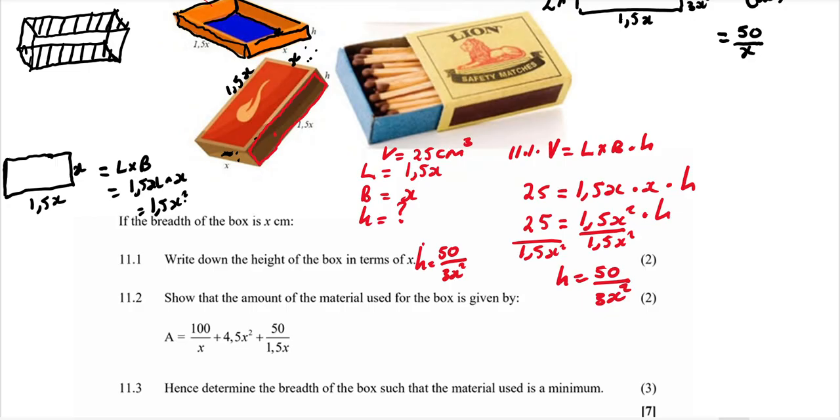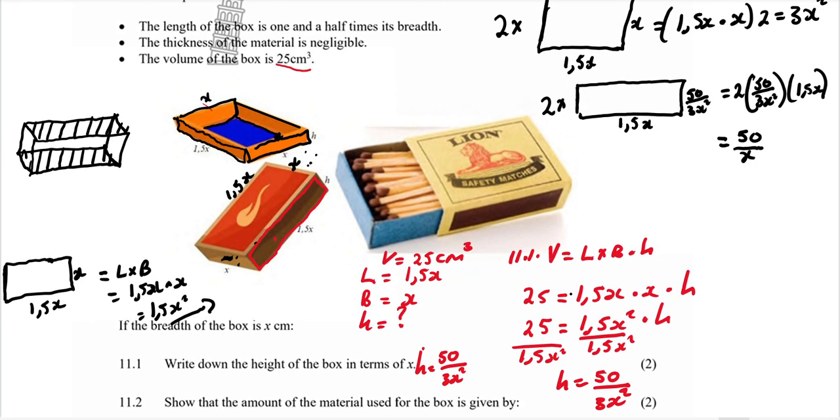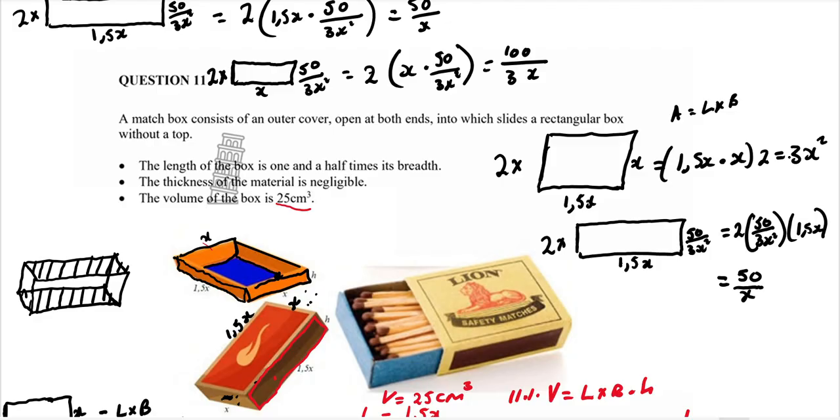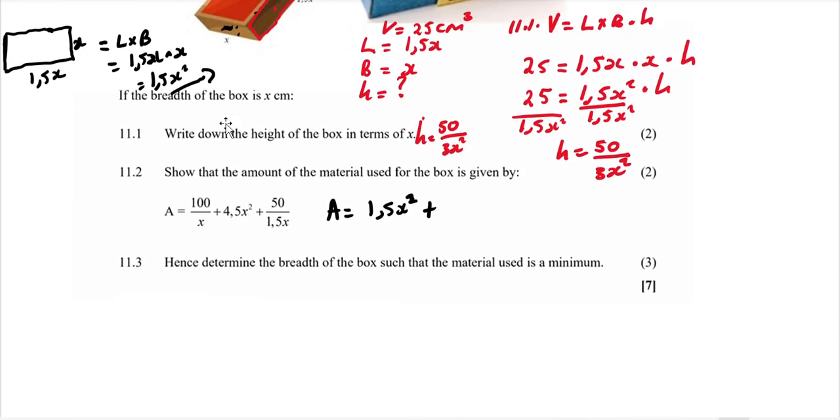Let's add this 1,5x squared with the others. Let's start with this one: 1,5x squared, plus 3x squared.